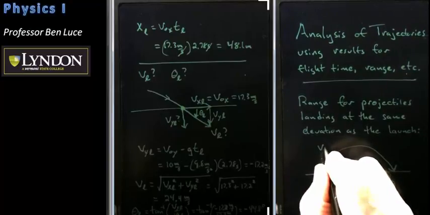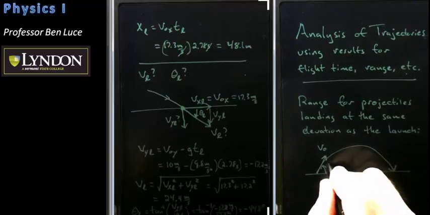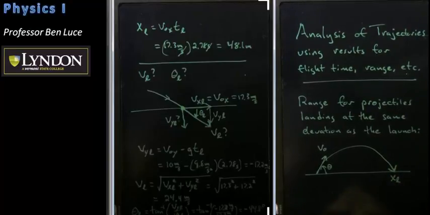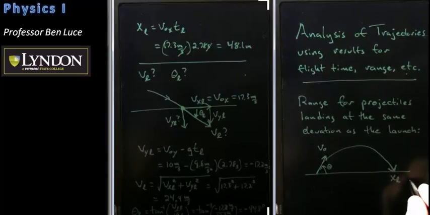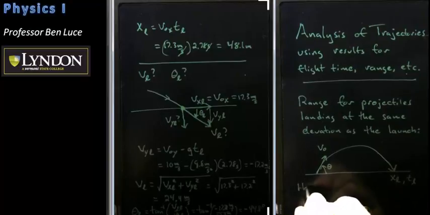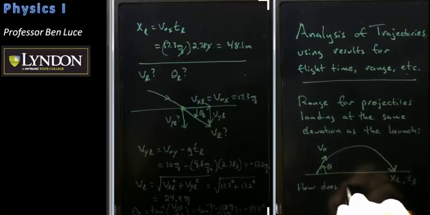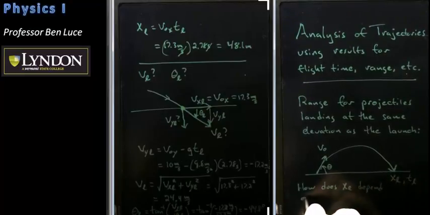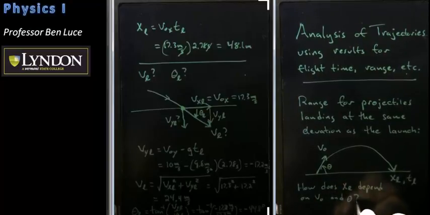We're given some V0 and some theta, and we obtain a range given by XL and also a time of flight, TL. So let's take a look. How does XL depend on V0 and theta?